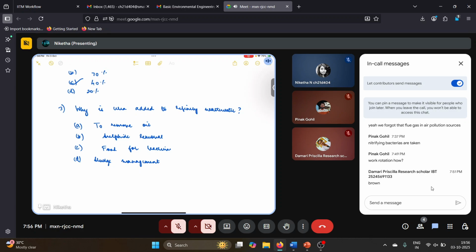The first option is to remove oil. Second one for sulfide removal. Third, it is a food for bacteria. And the last one is for sludge management. So what is the correct answer?